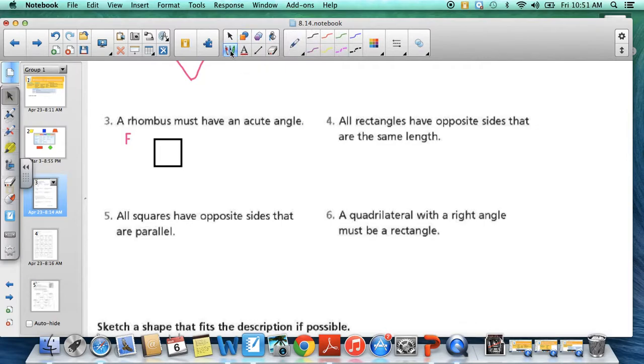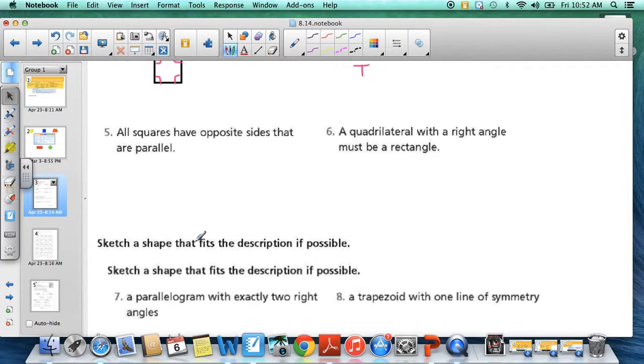We have a rhombus that doesn't have an acute angle. Sorry. So these are all 90-degree angles here. So yeah, this cannot be acute. Okay, so number 4, all rectangles have opposite sides that are the same exact length. That is true.